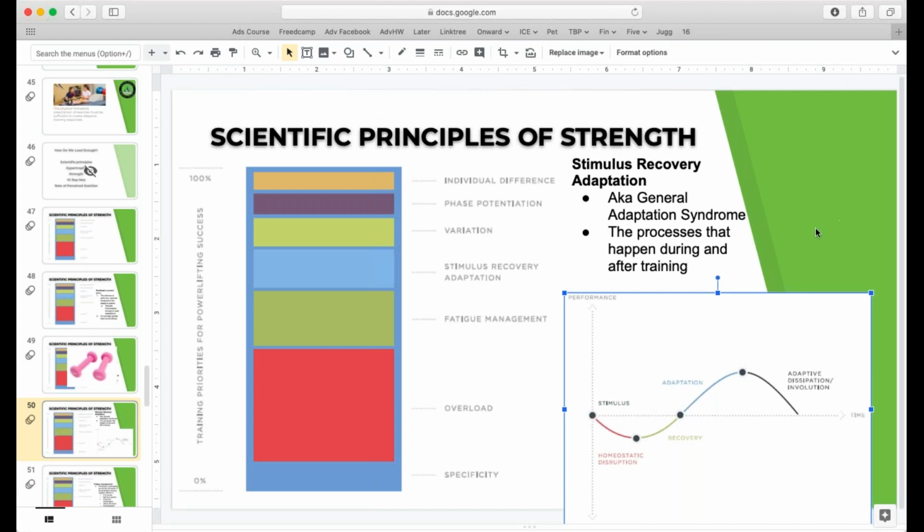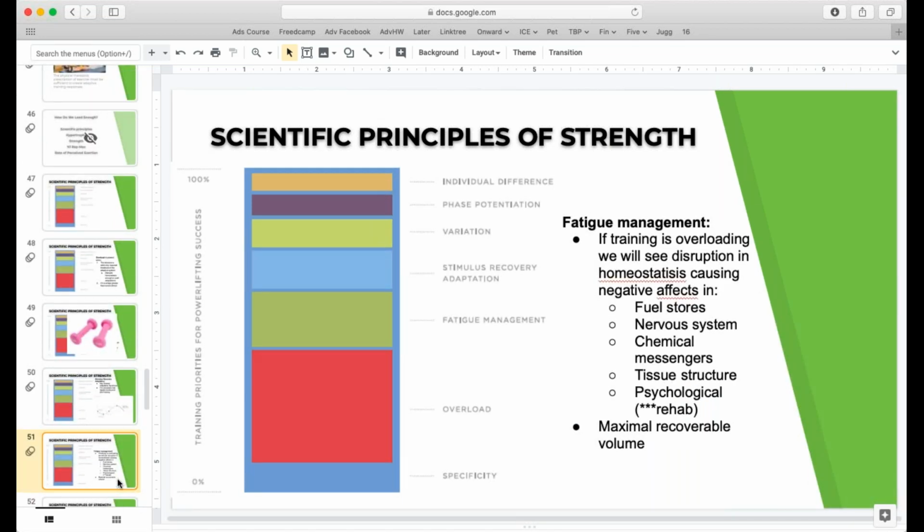When we provide an overloading stimulus, we actually decrease fitness a little bit because we break down the muscle and tendon tissues, because we use up the chemical messengers and we use up muscle glycogen. Their fitness level actually goes down. Then what hopefully happens is they recover from that stimulus and positively adapt so that now they're a stronger, fitter individual. That's what we want to see when we give an overloading stimulus.